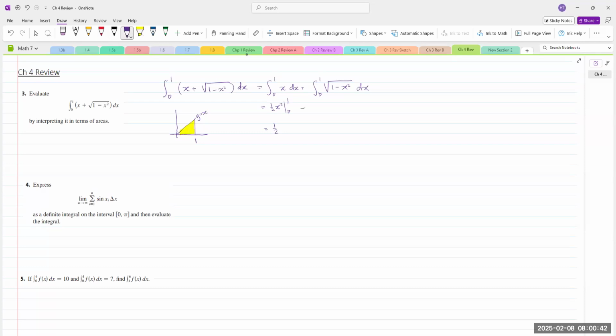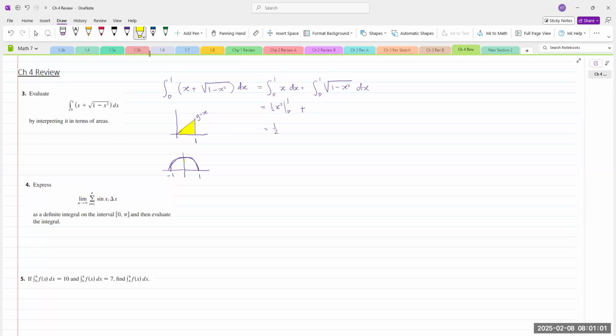Now, I don't know what the other one is. Let's see further. That's the square root of 1 minus x squared. That's a semicircle from -1 to 1, right? Oh, hold on. From 0 to 1 only.